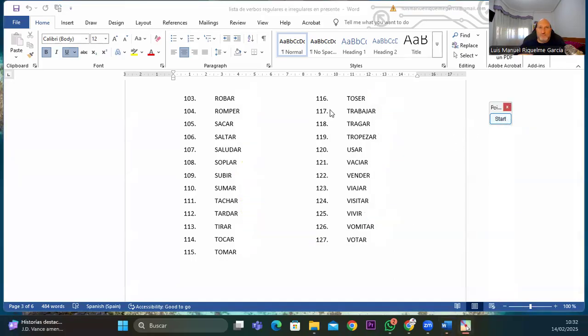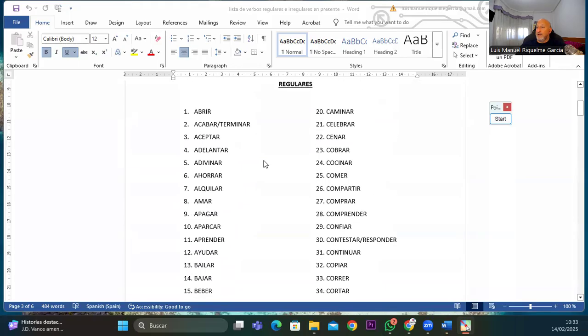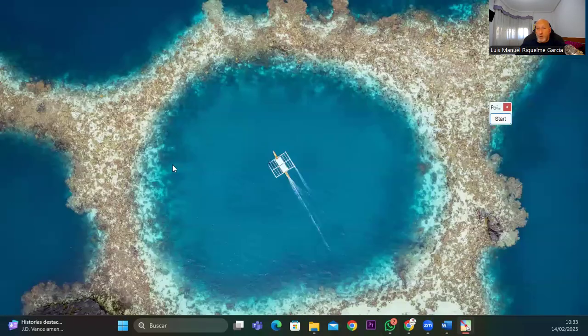These are not all the regular verbs that we have in Spanish, obviously, but these are very frequent verbs that we use. And I think it's a good list, and you can use it from now on to practice and to memorize them, use them little by little, conjugate them using the endings that I've given you at the beginning of the video.